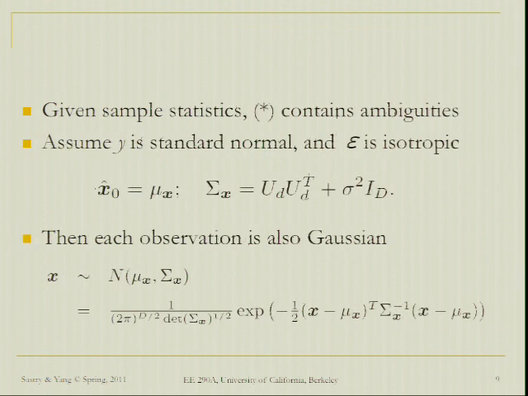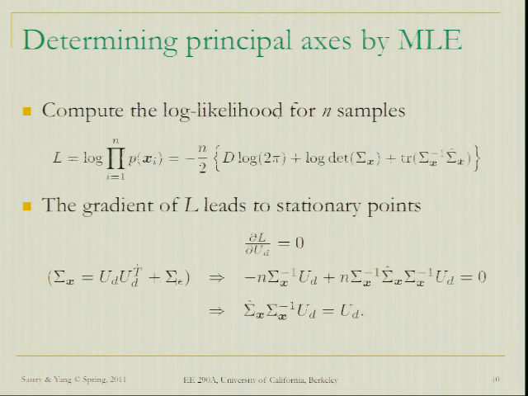And next, what do we do? After we have this distribution, we know that in practice we have n samples. So we are going to compute the log likelihood function like this. And then we are going to take the gradient of this log likelihood function and set it equal to 0. And we get the condition to find the stationary point of our solution.